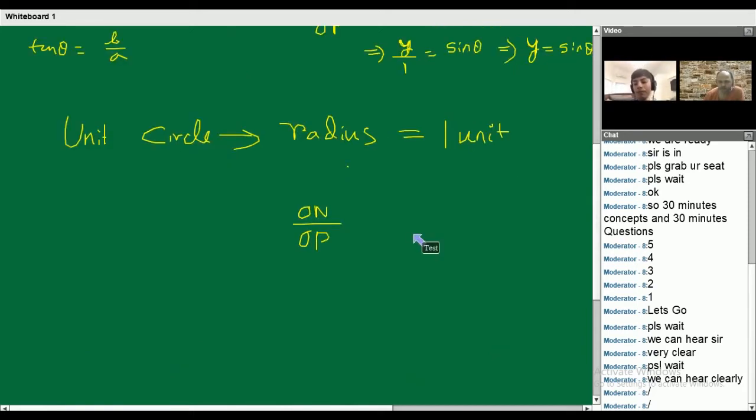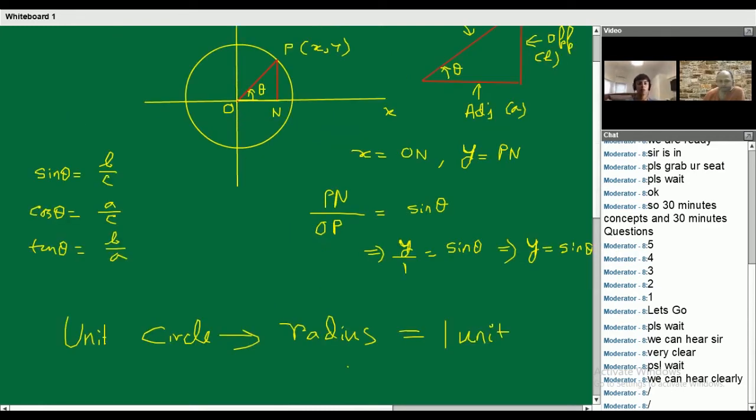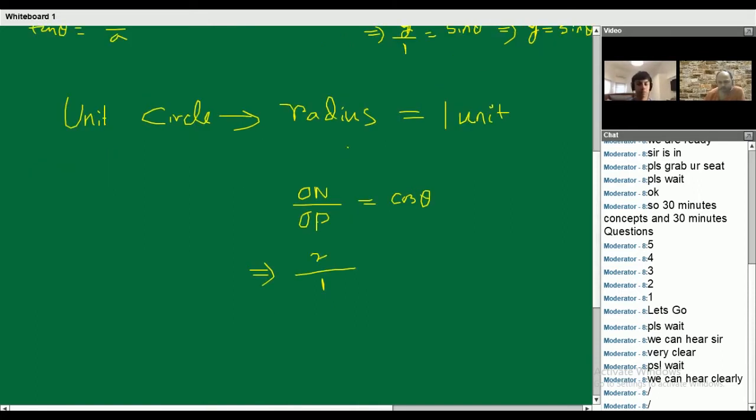So what is the value of OP? OP is 1 unit, so we can write 1. What about ON then? ON is x. So x over 1 is going to be cos theta.